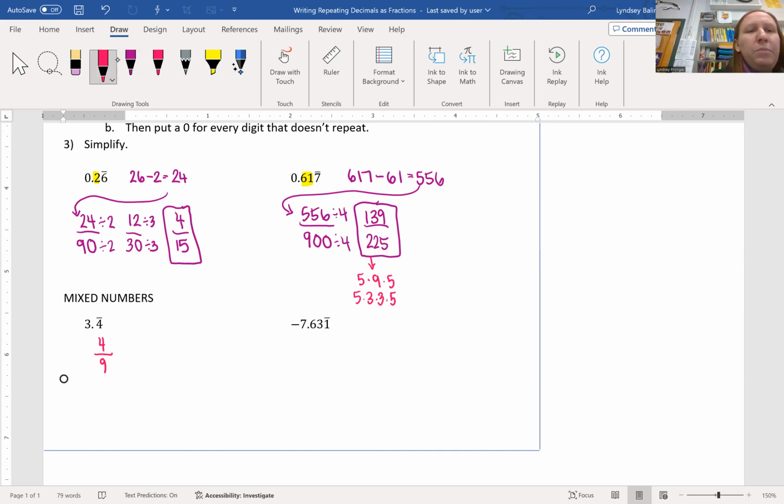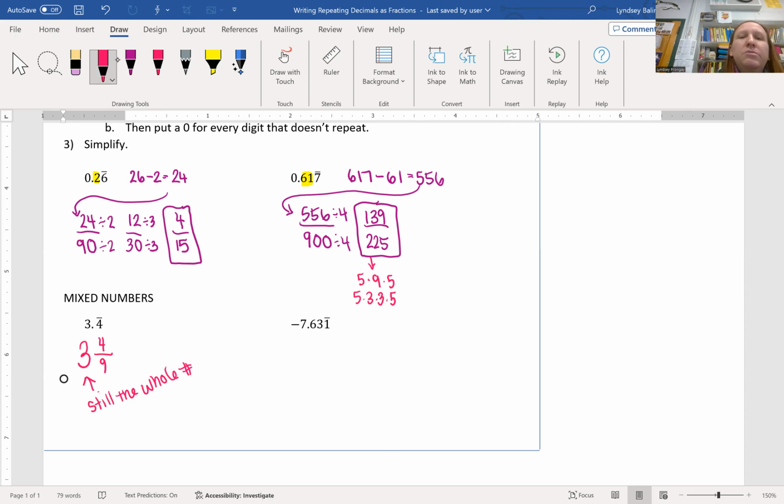And if it's 3.4 repeating, that 3 in front of the decimal just becomes the 3 in our mixed number. That part doesn't change. So just do the decimal like you have and keep the number out front.